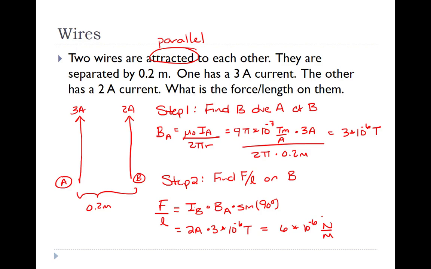For this example, I made the choice to find the field due to A and then the force on B. Let's see what happens if I choose to do this in the opposite order. Redrawing my picture. I have my 3 amp wire, I have my 2 amp wire, this was wire A, this was wire B, and we were told this was 0.2 meters.